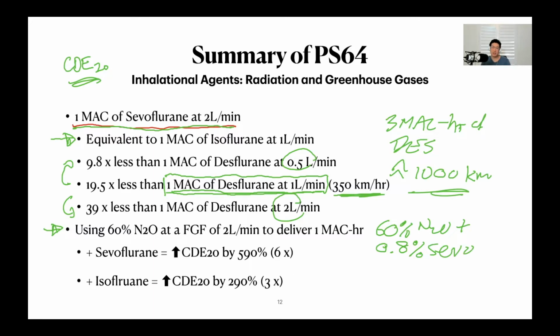So 60% nitrous plus 0.8% of sevo would produce 6 times more carbon dioxide equivalents than if you run 2% sevo. Okay, so this is at 2 liters per minute.